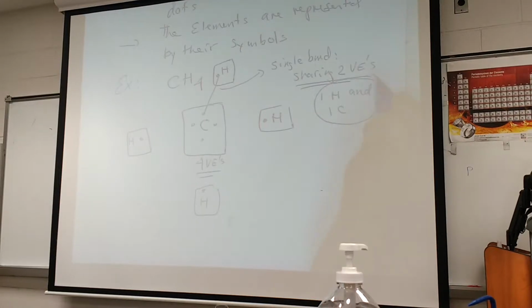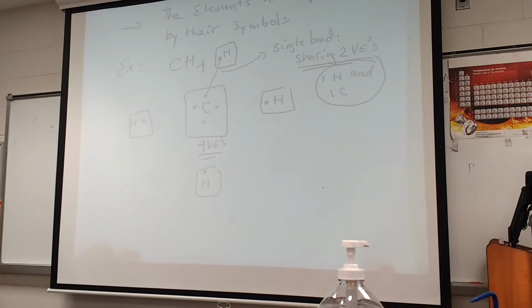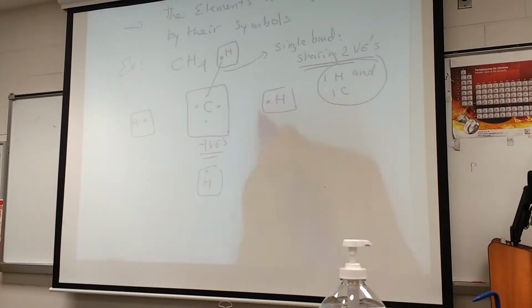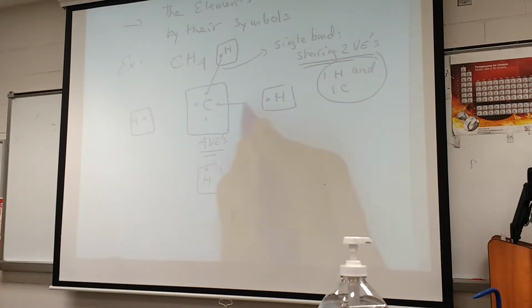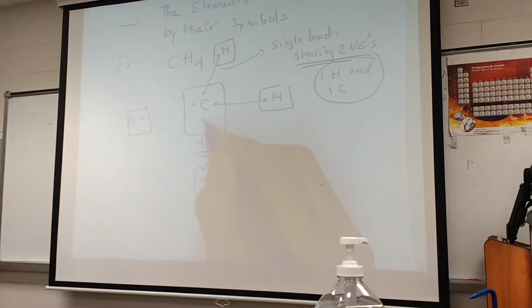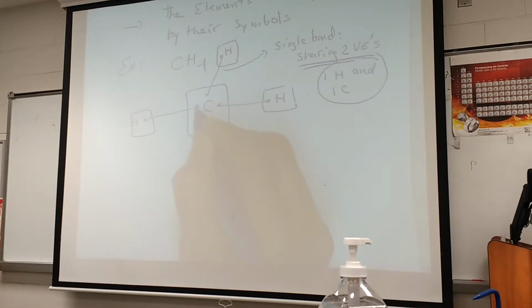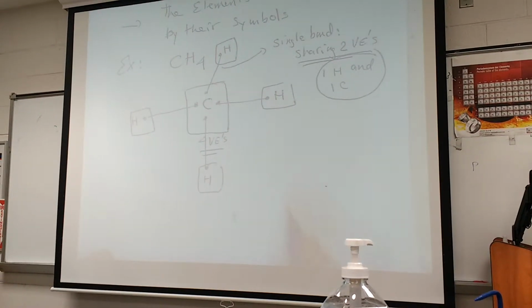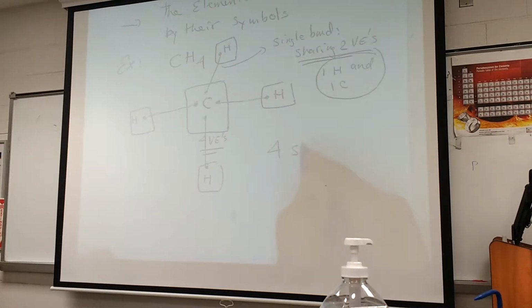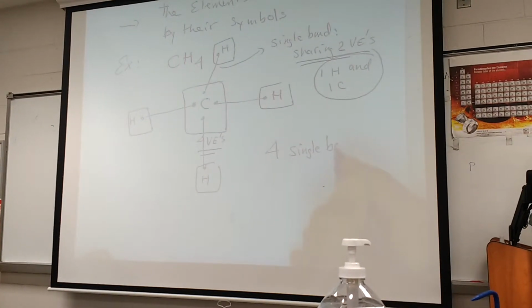So those are 1 hydrogen, 1 carbon. So this one is a single bond. There's another single bond here, guys. Correct? And there's another one here as well. And there's another one as well. So you can see we have 4 single bonds.